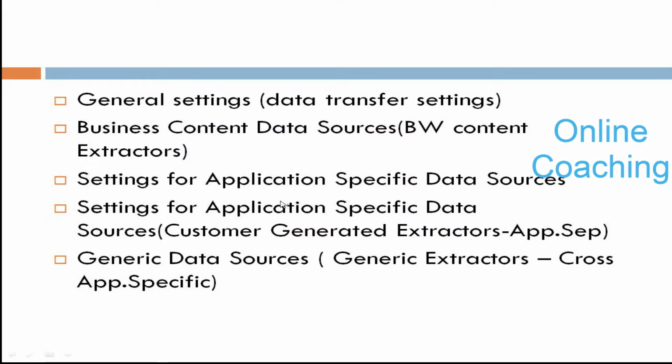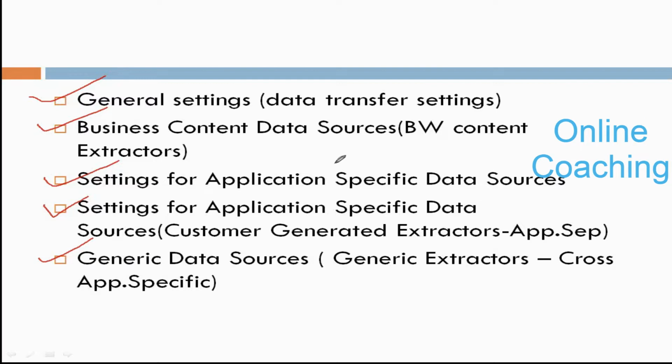Whenever you open SBIW, you're going to get certain options here: general settings, business content data source, settings for application specific, customer generated extractors, generic data sources. These are the major options you get whenever you type the transaction code SBIW.